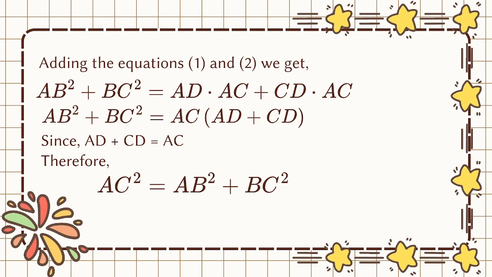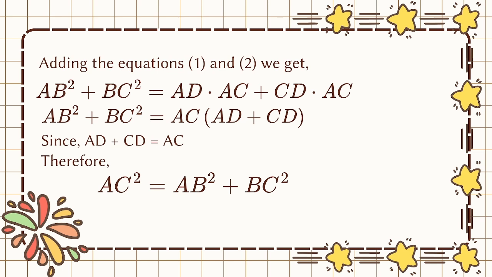Next, adding equations 1 and 2, we get AB square plus BC square equals AD times AC plus CD times AC, which is AC times AD plus CD.